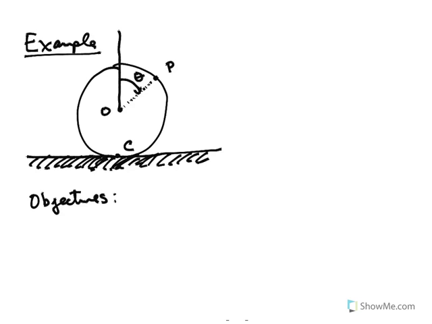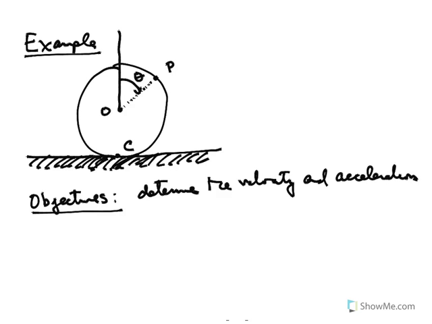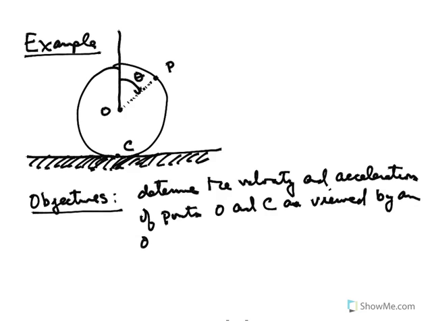So the objectives are to determine the velocity and acceleration of points O and C as viewed by an observer fixed to the ground.